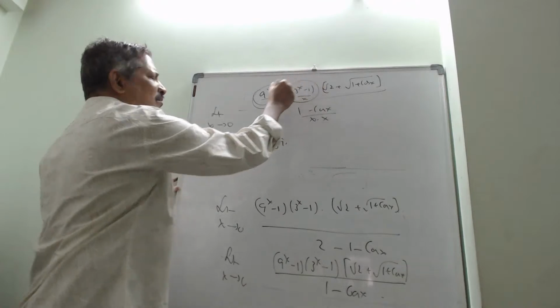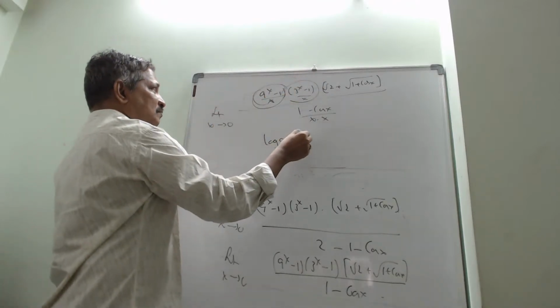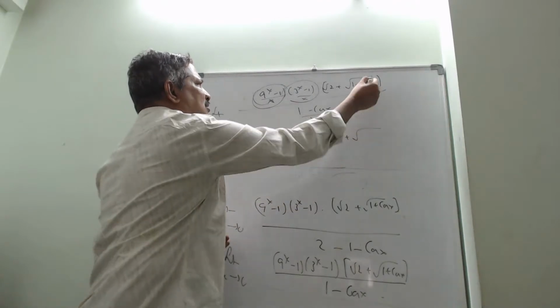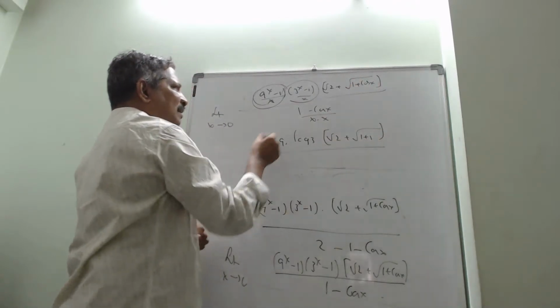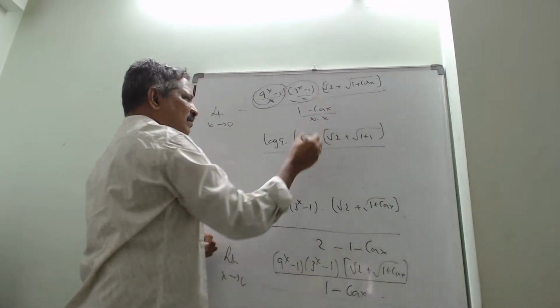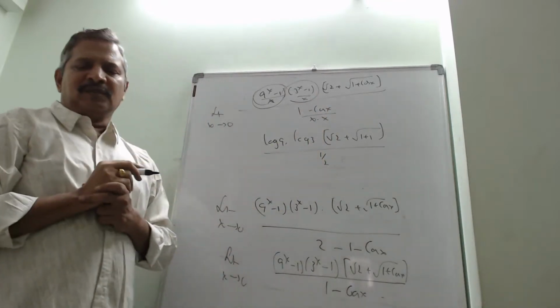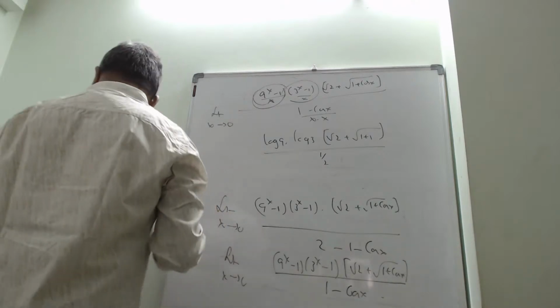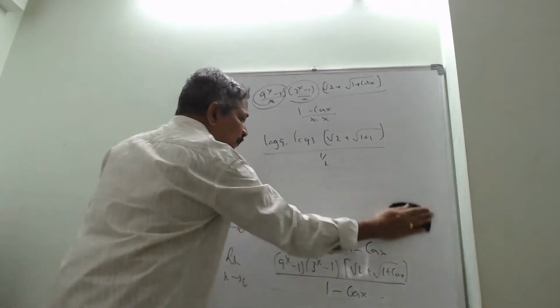This also I know the formula, log 3, into root 2 plus root of 1 plus cos 0, which is 1 plus 1. Then the standard formula, (1 − cos x)/x² is 1 by 2, so this is 1 by 2.